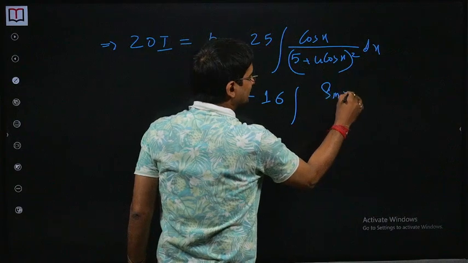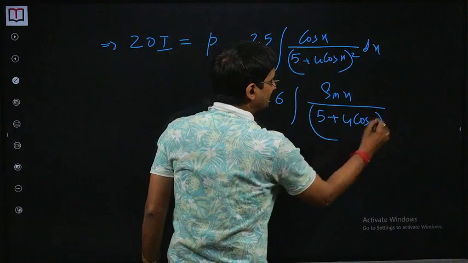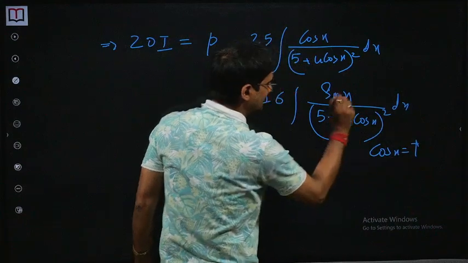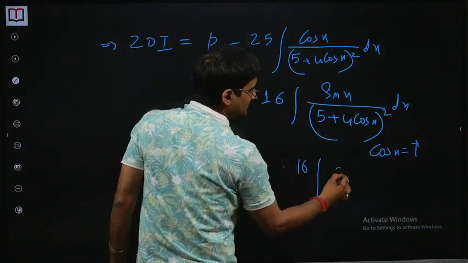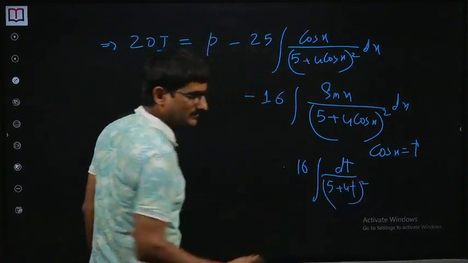See, this one is of course the simpler one. Why so? Because if I replace cos x by t, its derivative is sitting here, so it will be 16 dt upon (5 plus 4t) whole square, and we know its integral, direct, done.